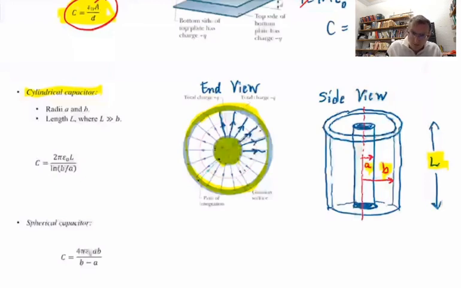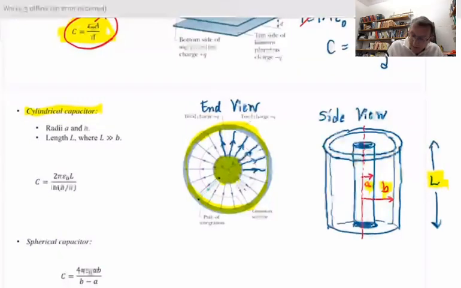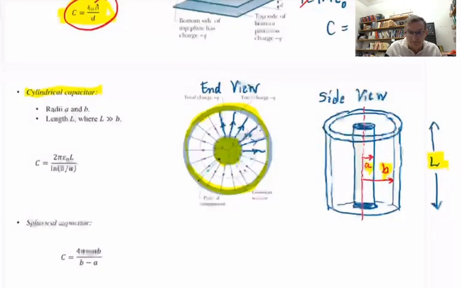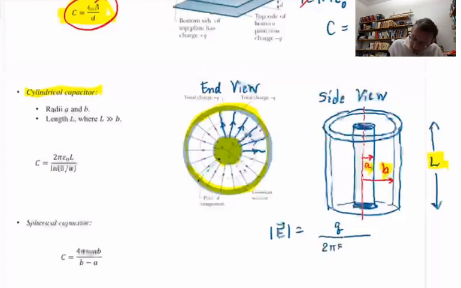Okay, I'm just going to write down what that formula is that you get from Gauss's law for the magnitude of the electric field in the region between those two cylinders. It is Q, think of that as the positive charge on the inner cylinder, over 2 pi epsilon 0 L, the length this way, little r.